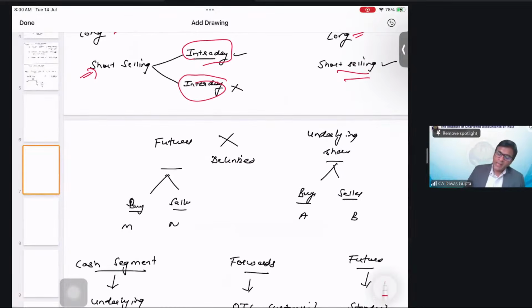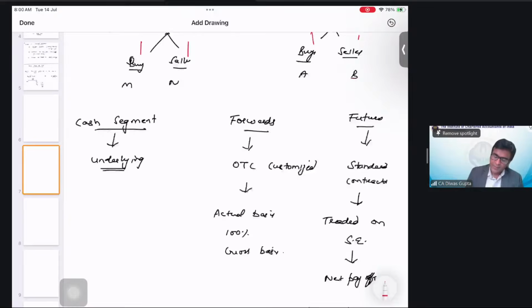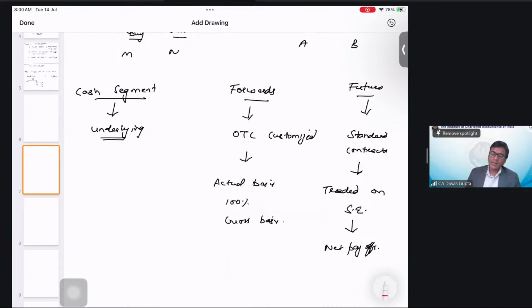Then futures and underlying shares are totally different: there are different sets of buyers and sellers in futures, and the underlying also has a different set of buyers and sellers. Now if we talk about the cash segment, where the underlying actually resides, and forwards, we have also talked about that these are over the counter, customized contracts, and the settlement happens on a gross basis. Futures are standardized contracts.